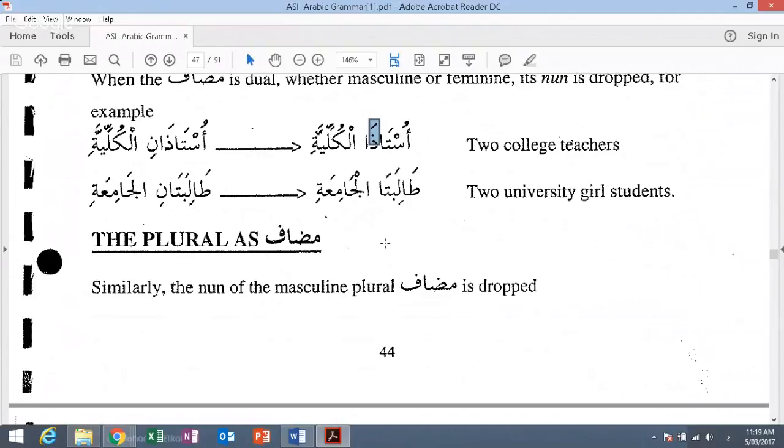So it's very important when you talk to someone, what you mean, two persons or one person. With your way of pronunciation, you need to say laqaytu Ustad al-Kulliyati. Oh, you understand? I mean two teachers came from the kulliyah, from the college. So I met them. Understand? So you have to say like this.